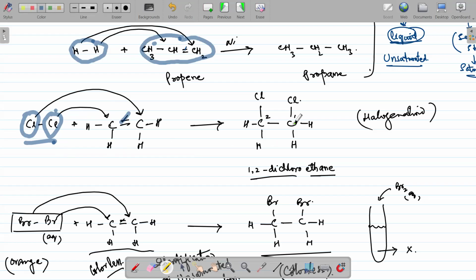So we get this product where carbon 1 and carbon 2, for simplicity, I am labeling these carbon atoms with the double bond as carbon 1 and carbon 2, right? So each has a chlorine atom on it. So you can see from unsaturated form to the saturated form. And we call it halogenation.